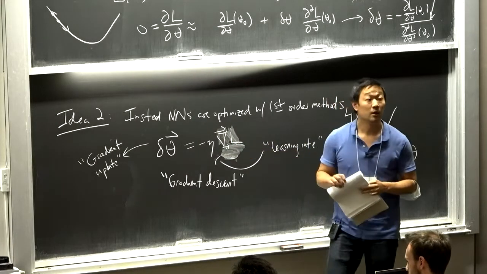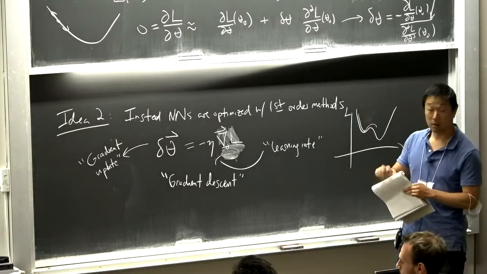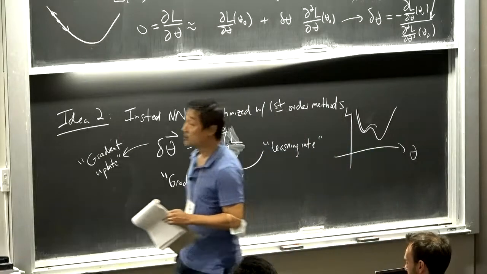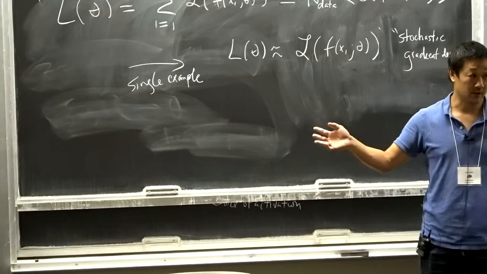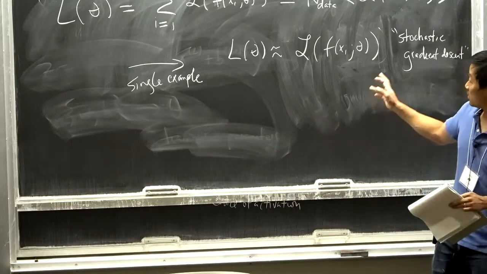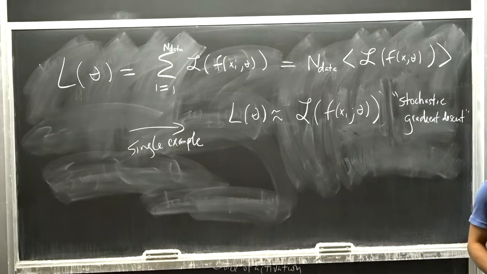We start the algorithm usually with some random choice of thetas, and then we do this update and shift the thetas by delta theta, then do another update, shift them by another delta theta, et cetera. Does that answer your question?